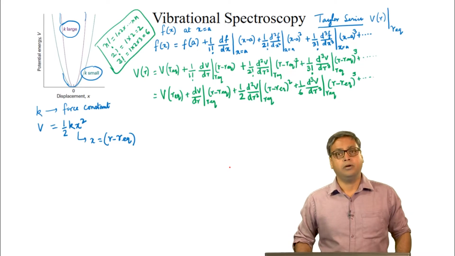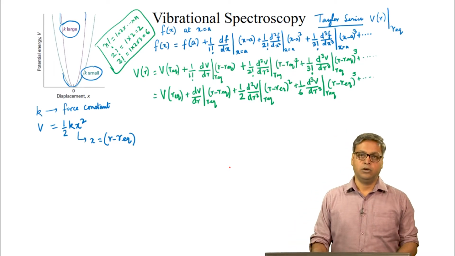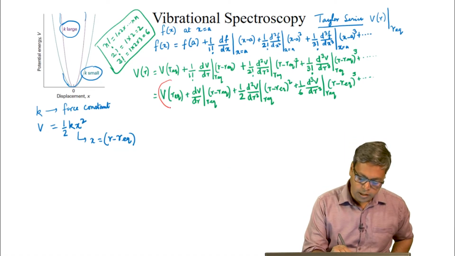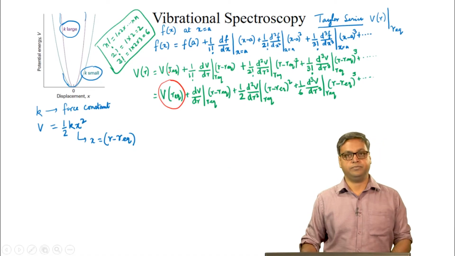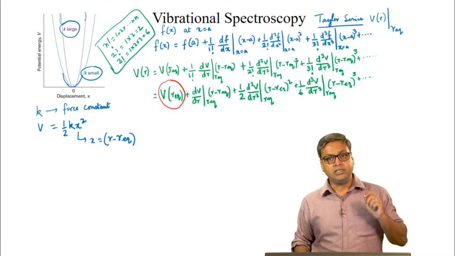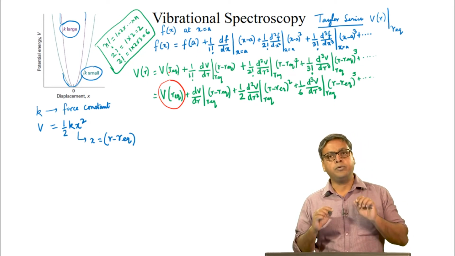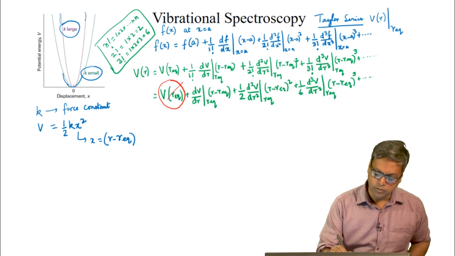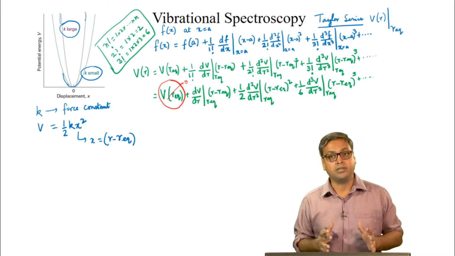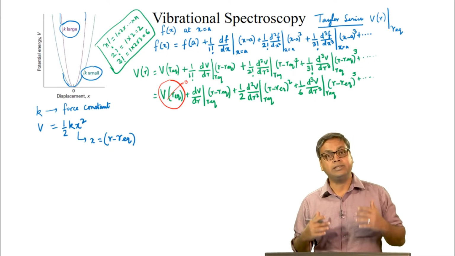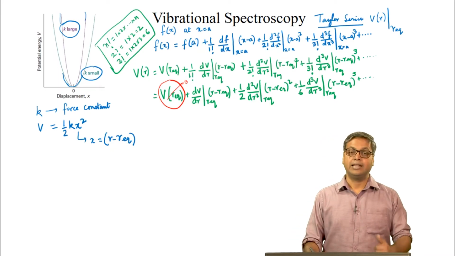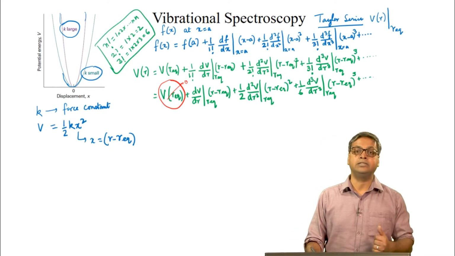The first term is a constant, which is the electronic energy at the equilibrium geometry or equilibrium bond length. So, this term can be arbitrarily set to 0. In fact, in spectroscopy, we are more interested in the difference between energy levels than the actual energy of the levels.